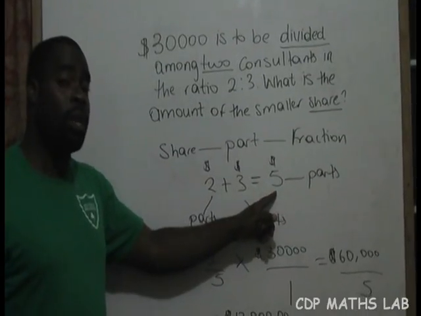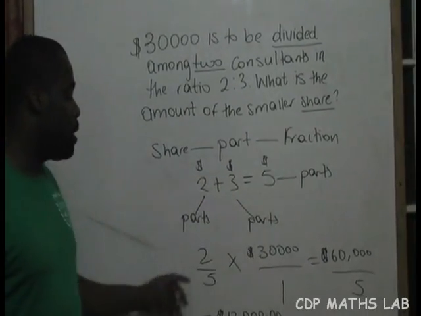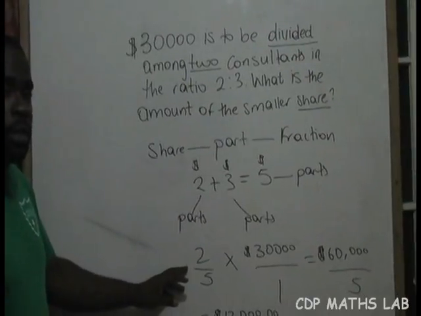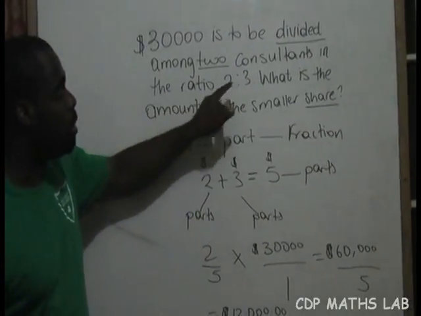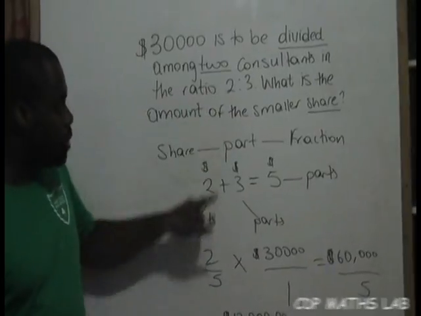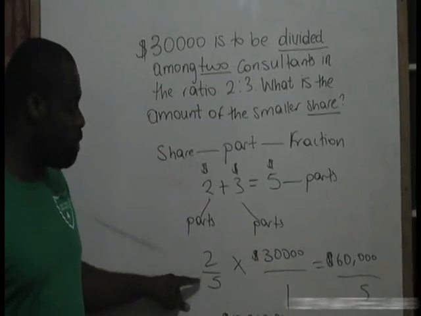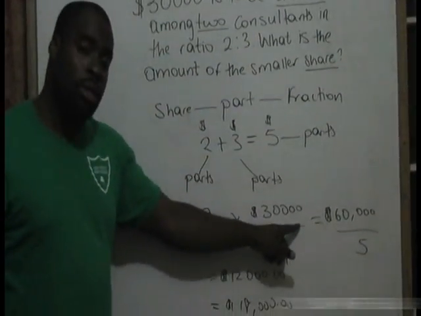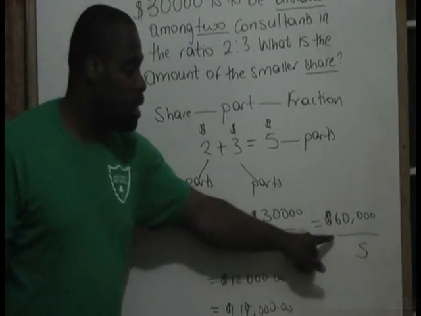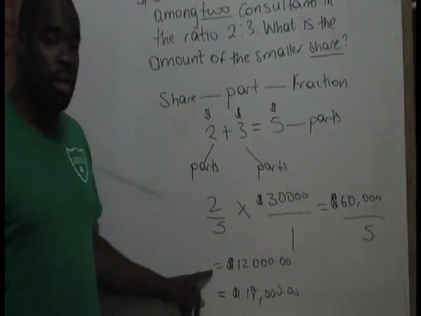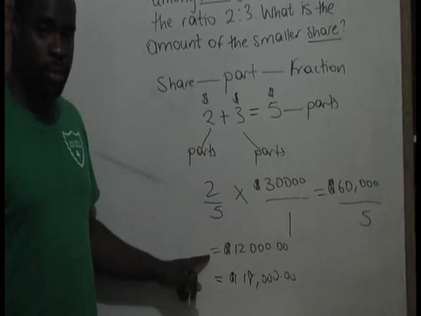So the total number of parts is 5. Then to find what fraction represents the lowest term, we use the smaller number. So 2 is the smaller number. So 2 over 5 times 30,000, which is the total, and that gives us $12,000 as our answer.